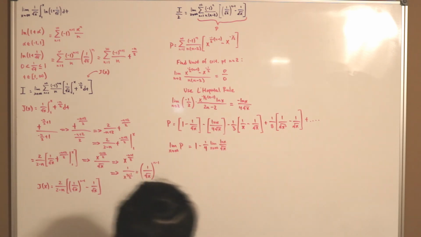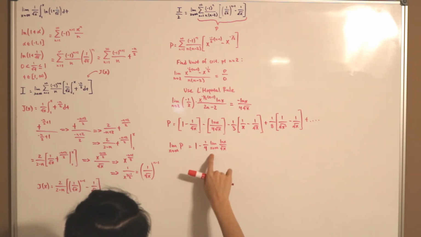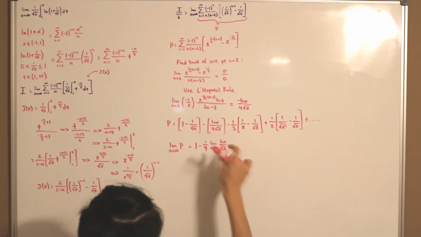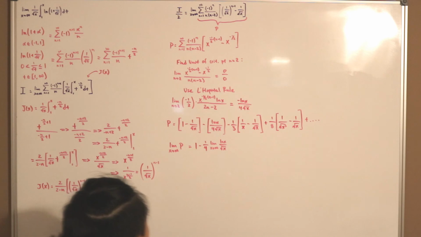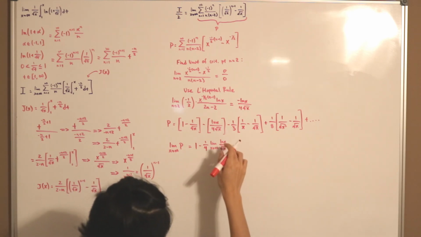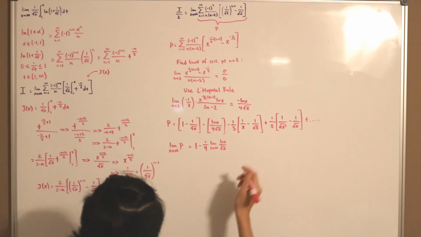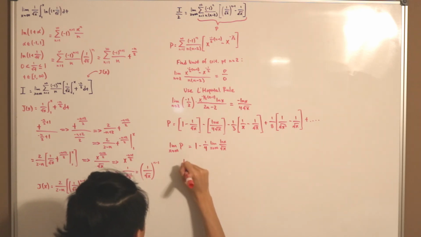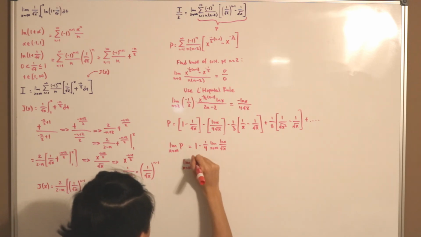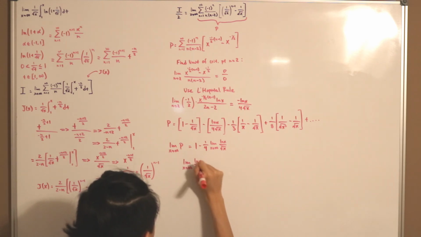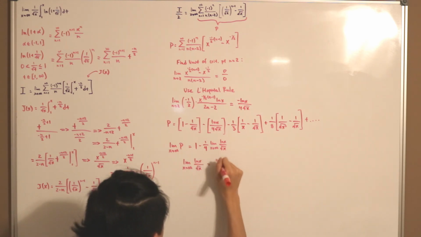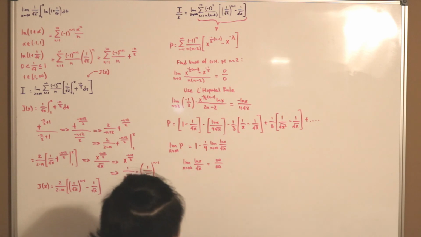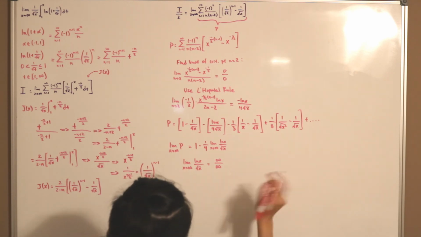Okay. Now let's actually focus on taking the limit of this function in particular. Again, you plug infinity, natural log of infinity over the square root of infinity is an infinity over infinity indeterminate form. So we use L'Hopital's rule again.